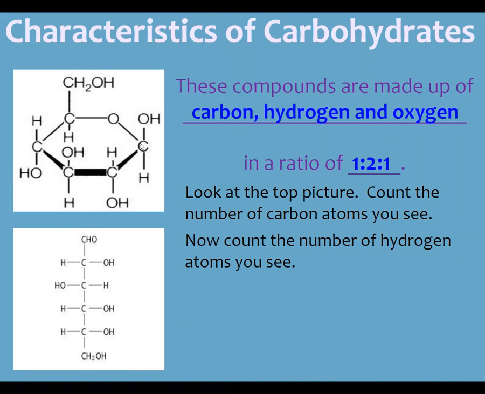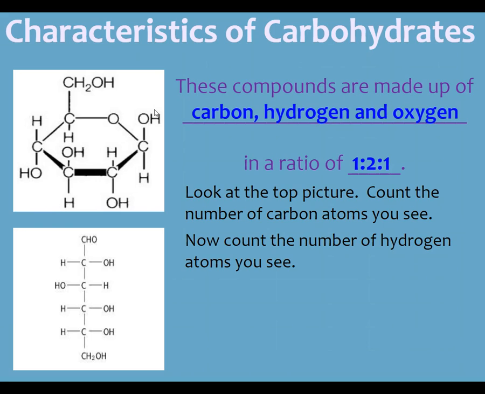Now count the number of hydrogen atoms you see. When you're counting, here's 1. It says H2. H2 means there's 2 of them. So that's 1 plus 2, so that's 3, 4, 5, 6, 7, 8, 9, 10, 11, 12.